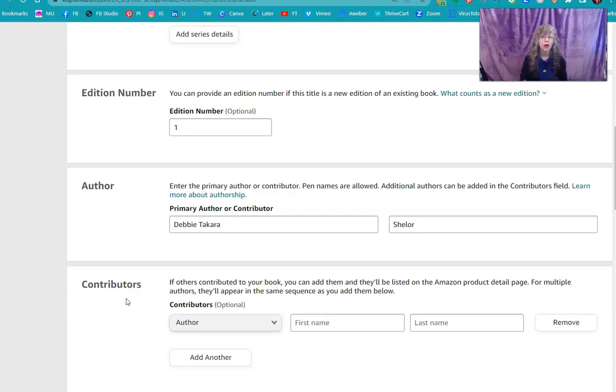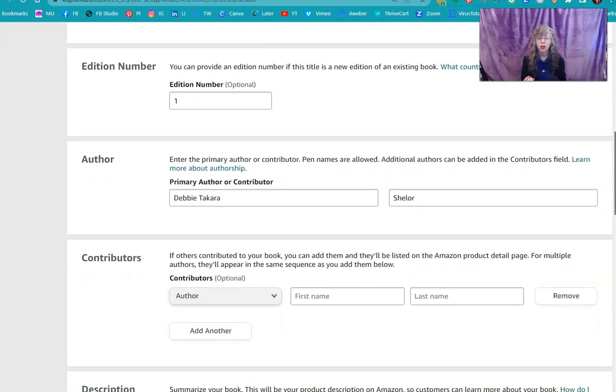I've done a lot of books where I have had co-authors, where I've co-written a book with one other author, or I've led collaborations where every single person involved wrote a chapter. So sometimes this is one person's name in contributors, and sometimes it's a whole laundry list of names because there have been multiple people contributing to the book. So those are all listed here.